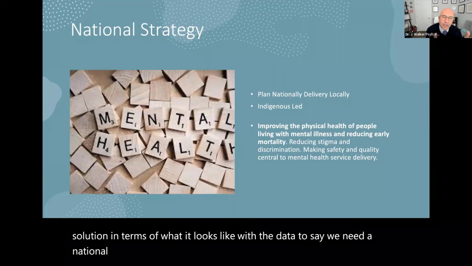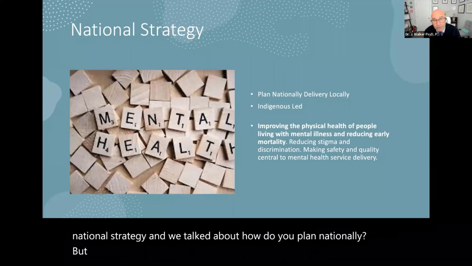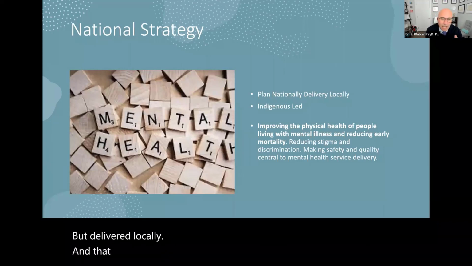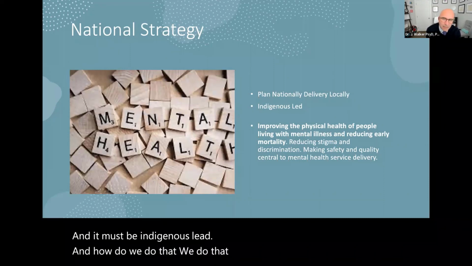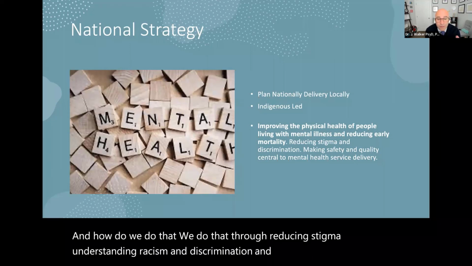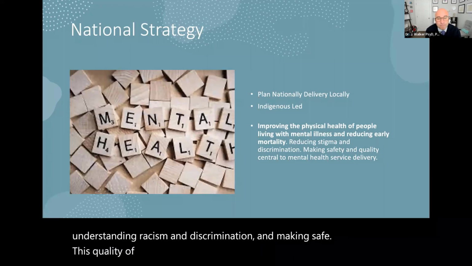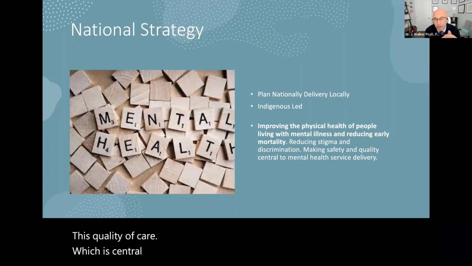And we talked about how do you plan nationally, but deliver locally, and that it must be Indigenous led. And how do we do that? We do that through reducing stigma, understanding racism and discrimination, and making safe this quality of care, which is central to mental health.